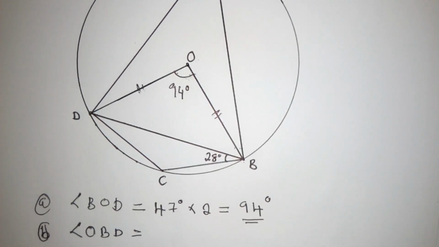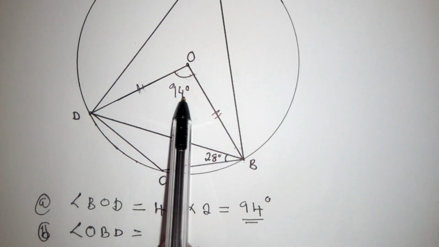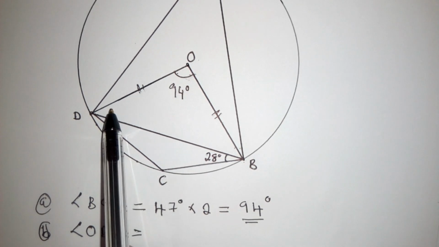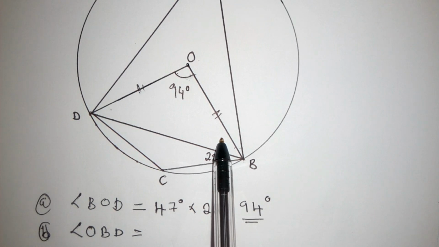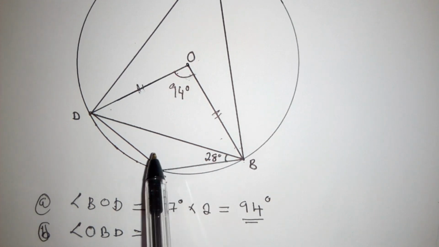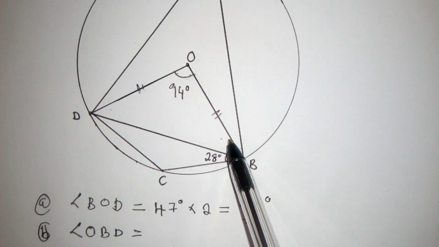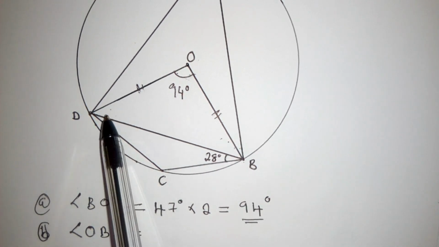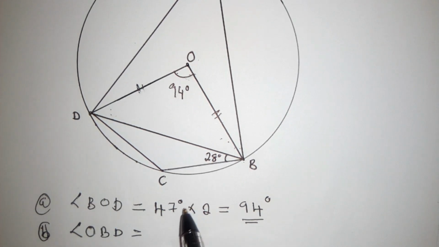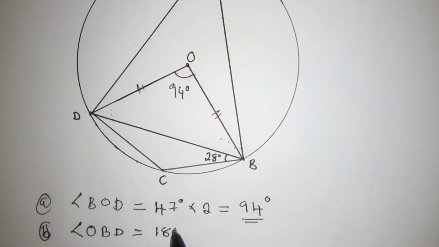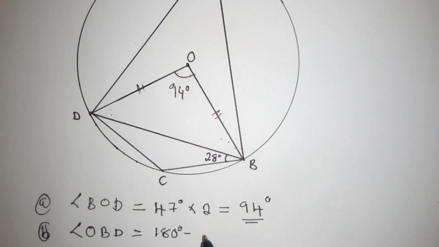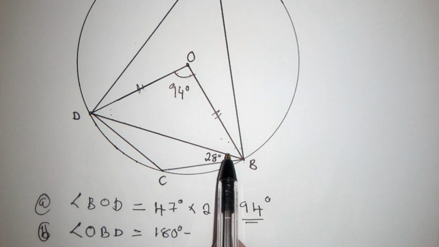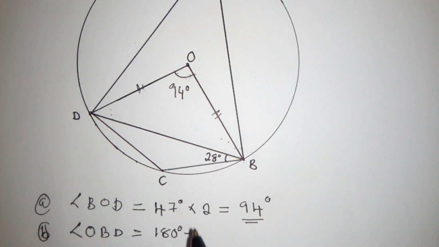So you get this angle plus this angle supposed to give you 180, and we know that two angles in an isosceles triangle are equal. So this angle is equal to this angle. So what we basically do here is we say 180 degrees, which is the total sum of angles in the triangle, minus 94 degrees.